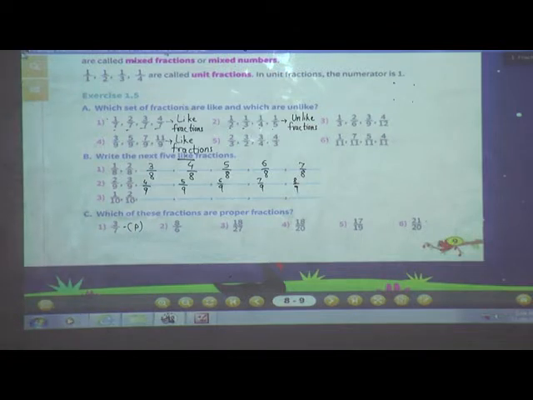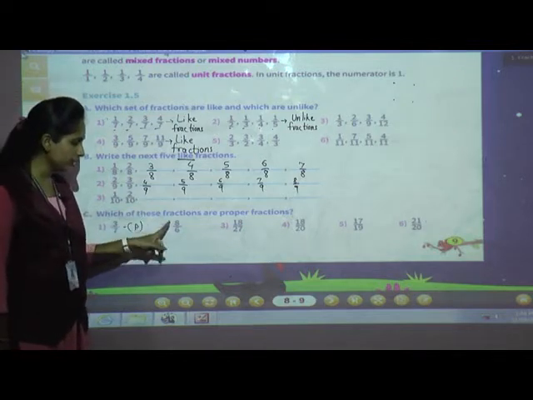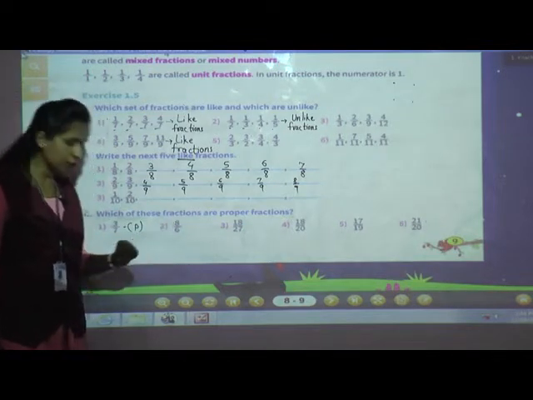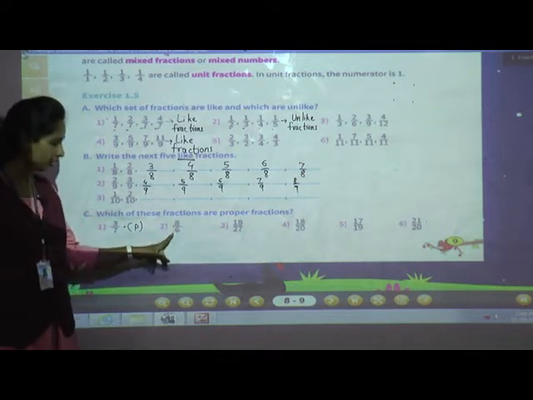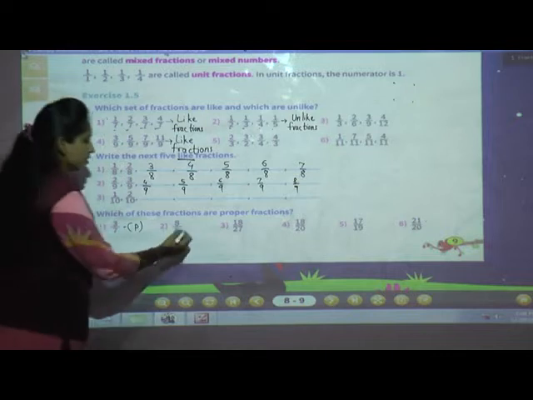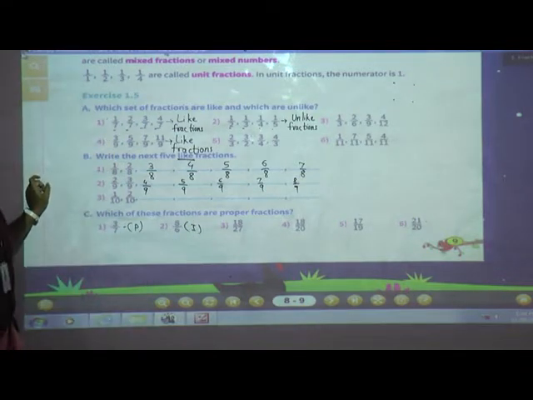Now the next one: 8/6. Now see, what is proper? Proper means the numerator should be less than the denominator, but here the numerator is greater than the denominator. Now this is an improper fraction. In short, I will write I.